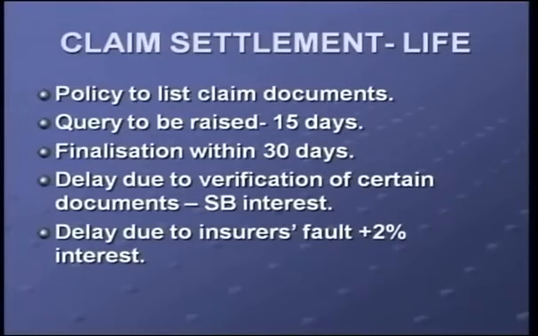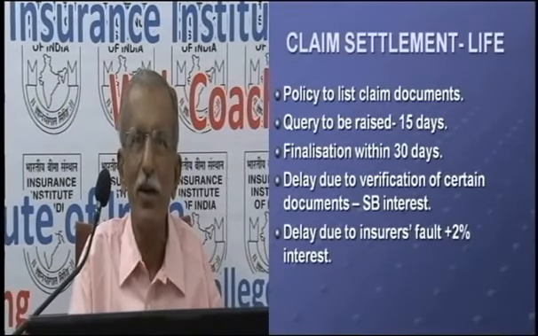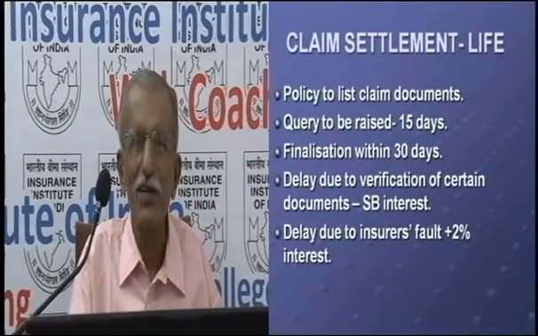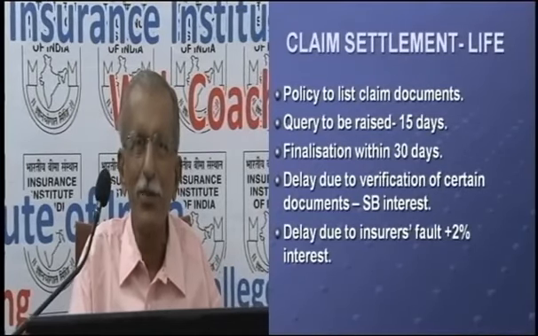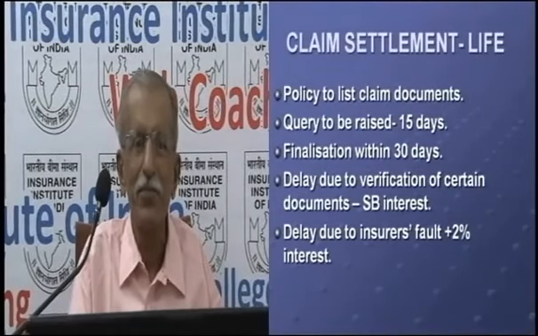If the policyholder has not given proof of his age at the time of settlement, it is a very important document, and the insurance company will not settle the claim till age proof is given. So there may be delay, but for that delay it is not the insurance company's fault; in spite of that, because they are holding money, they have to pay interest as per the savings bank rate.